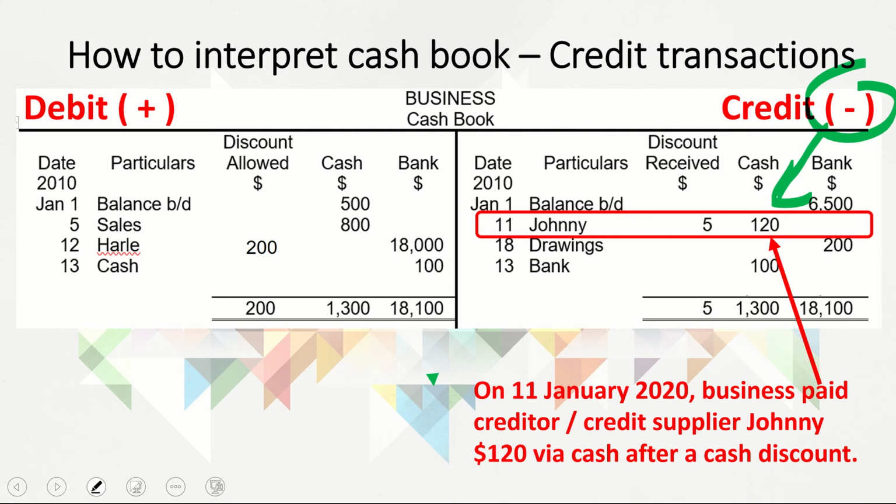And if you minus cash in hand, it means you paid somebody. So who did you pay? You paid Johnny, and Johnny gave you a discount. So you would say something like on 11th of January, the business paid creditor or credit supplier Johnny $120 via cash, because in the cash column, after a cash discount or after a discount received.